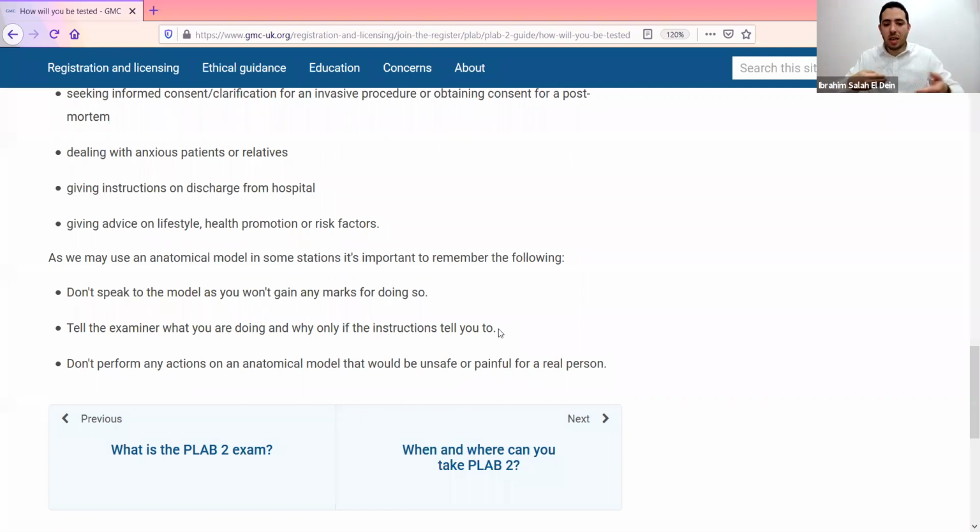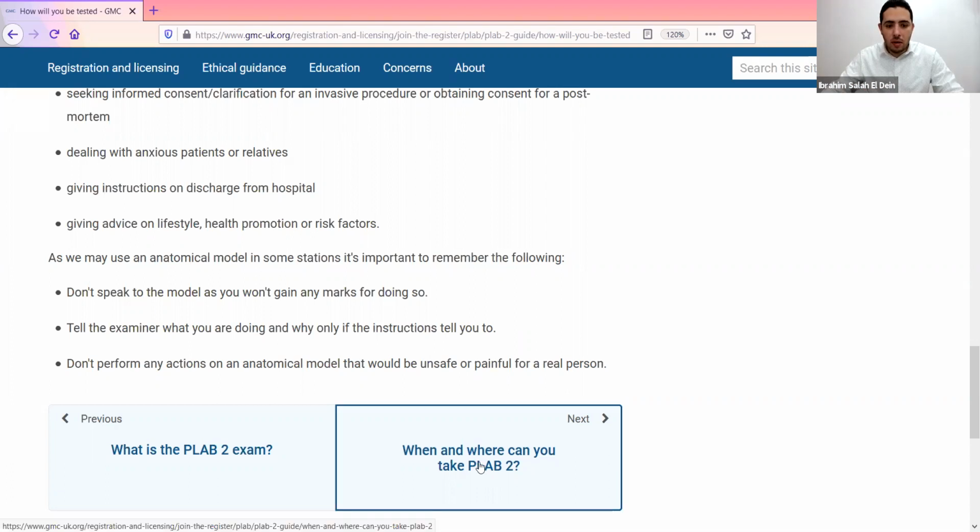Tell the examiner the steps or why you are doing it like this. Don't perform any action on anatomical models that would be unsafe or painful for a real person. As I mentioned before, deal with the mannequin as if it is a real person. If it is painful for a real person, it will be painful for the mannequin. So this is about interpersonal skills.